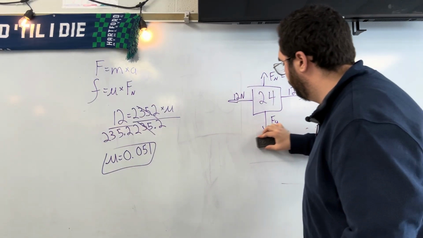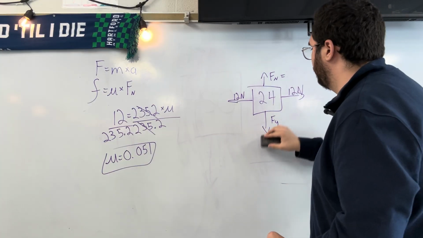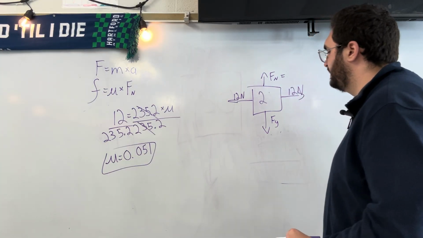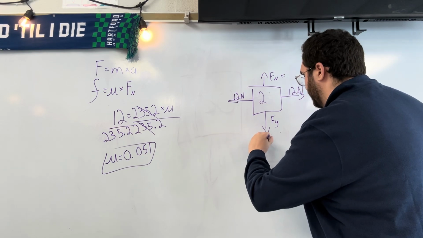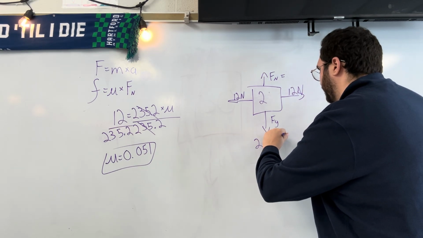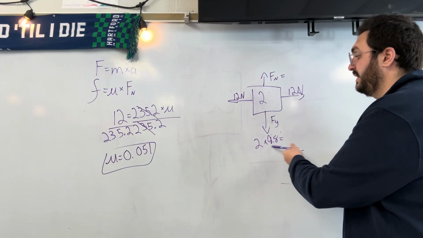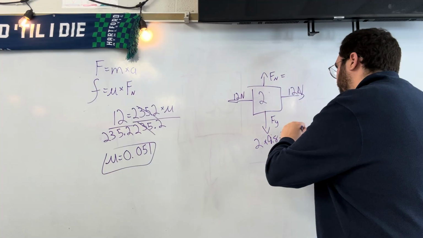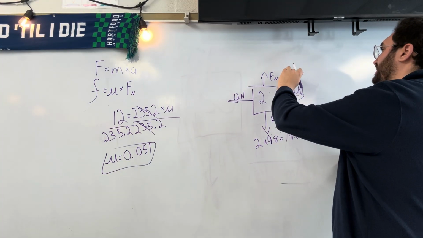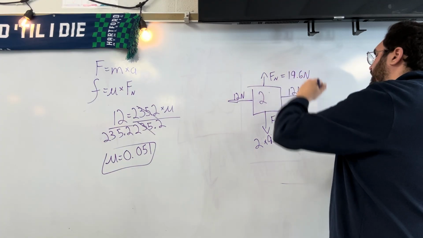So, redoing this math now, instead of 24, it's 2. So, 2 times 9.8, okay, because force is equal to mass times acceleration, in this case due to gravity, 9.8, comes out to 19.6 newtons, which means that's also going to be what our normal force is, but again, in a positive direction.